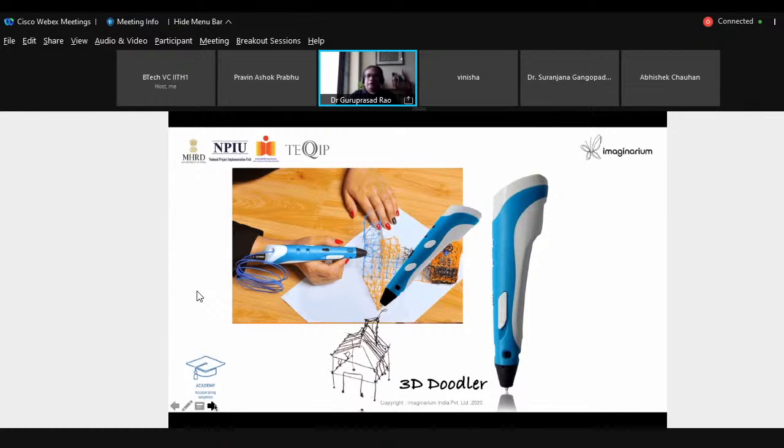And you have this, a 3D doodler pen, which is available for less than 2,000, 3,000 rupees. And you can order online. And I want to ask a question. Can we call this a 3D printer? My dear faculty and students who are there, can we call this a 3D printer?